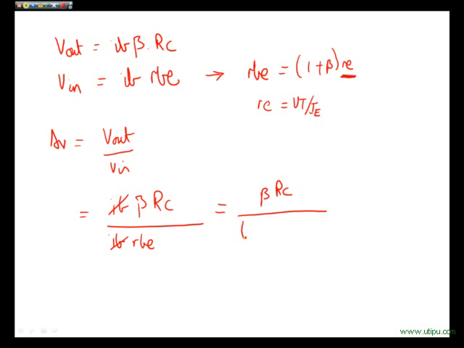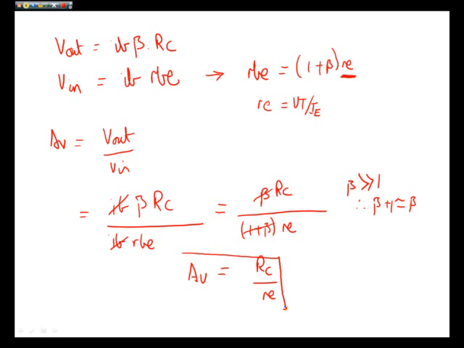So on top we have beta RC, on bottom we have 1 plus beta, RE. Now we use a bit of logic. Beta is significantly greater than 1, therefore beta plus 1 is approximately equal to beta. If we do that, beta and beta plus 1 cancel. We're now left with RC over RE as our value for gain. And there we go.